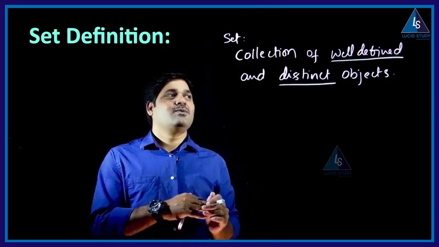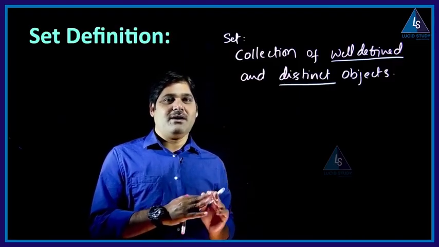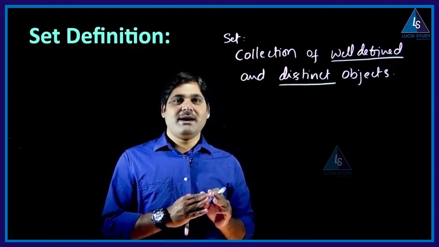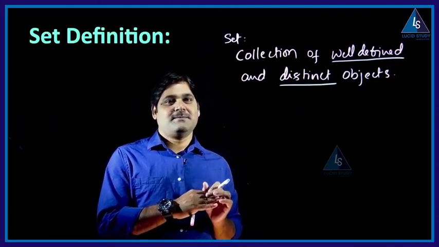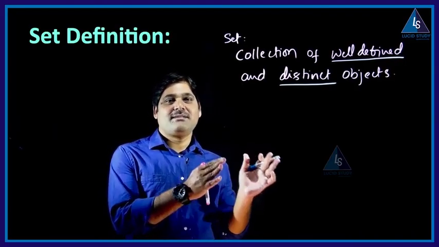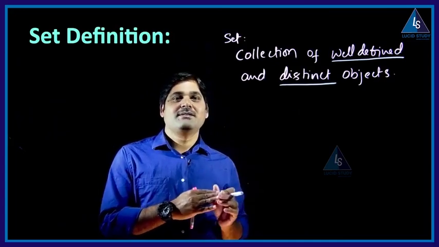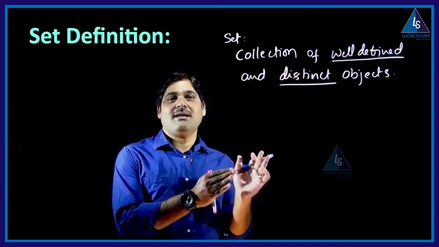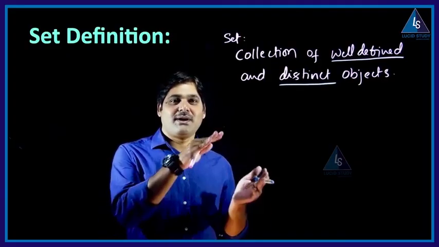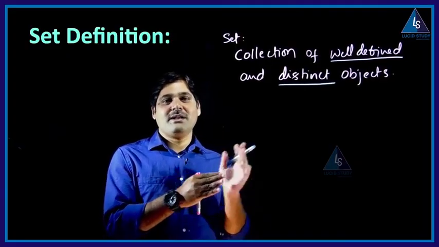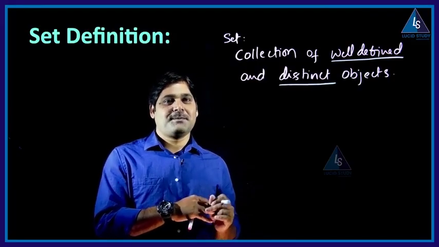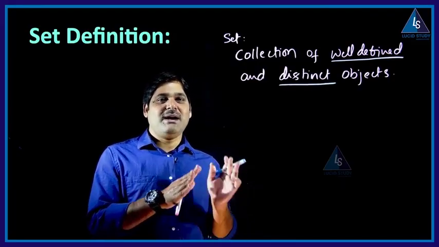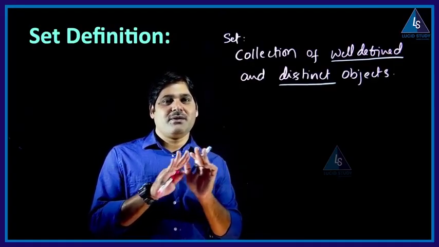Let us discuss what we mean by well defined objects. As we saw in these examples, a school of fish: wherever you go with this aquarium, if you ask anyone, they will say this is a school of fish. If you take a pile of books anywhere, they will say the same thing. So well defined means there should be no confusion.